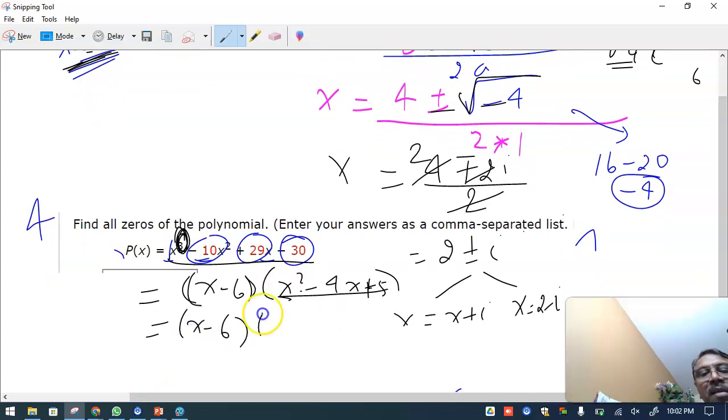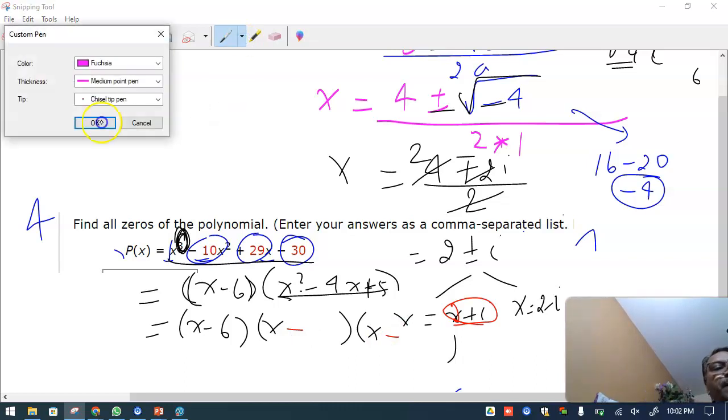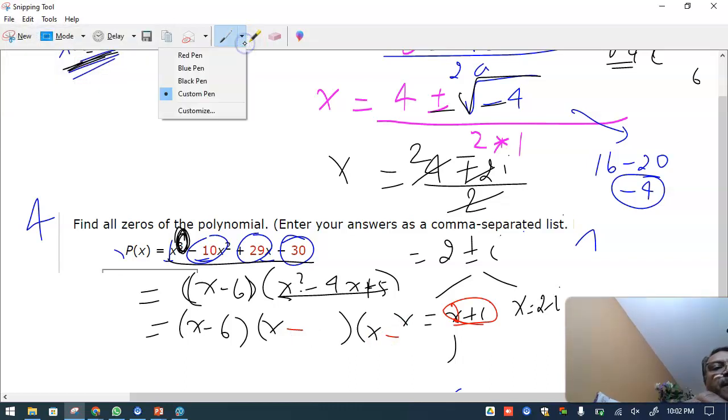So this thing now we can write as x minus 6. And now you have x and x, but this was just 2 plus i. This will go minus, minus, and then I'm going to enter the actual zero, which is this one, 2 plus i.